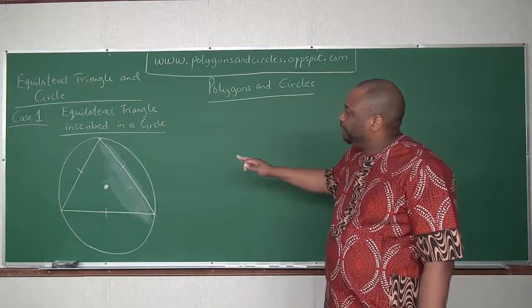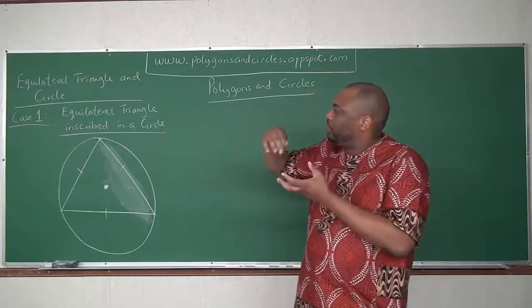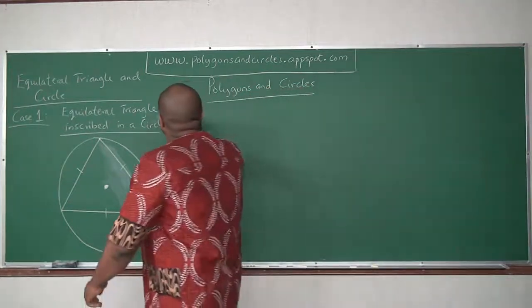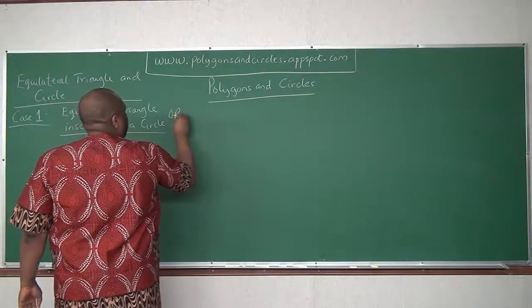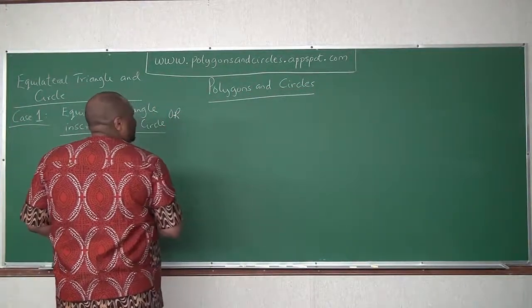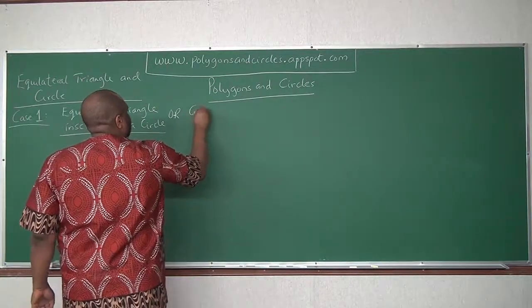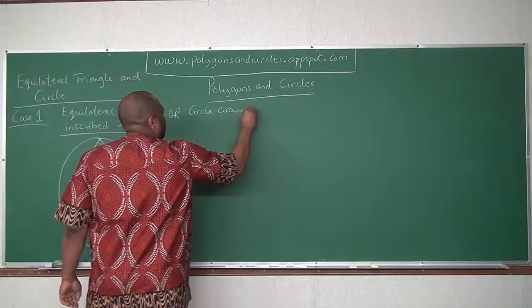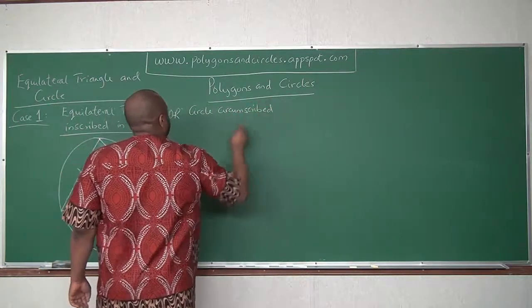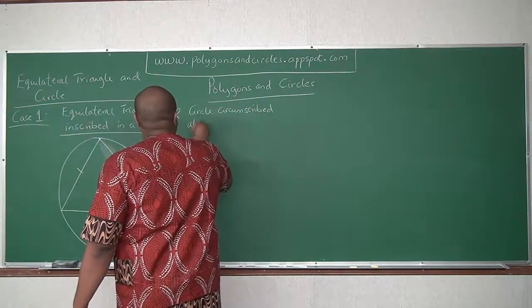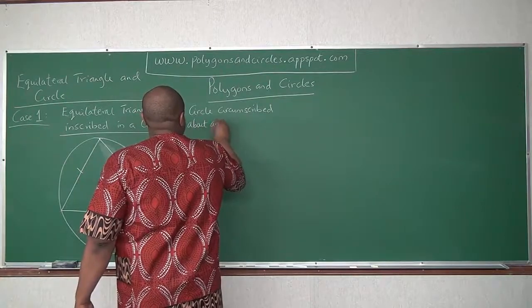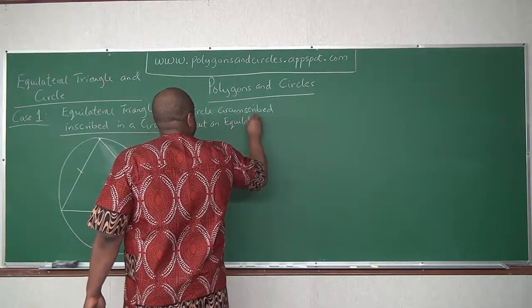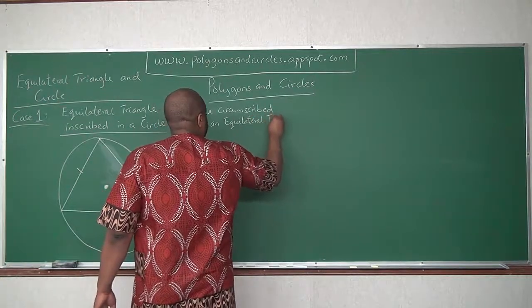When you say an equilateral triangle inscribed in a circle, another way to say this is a circle circumscribed about an equilateral triangle.